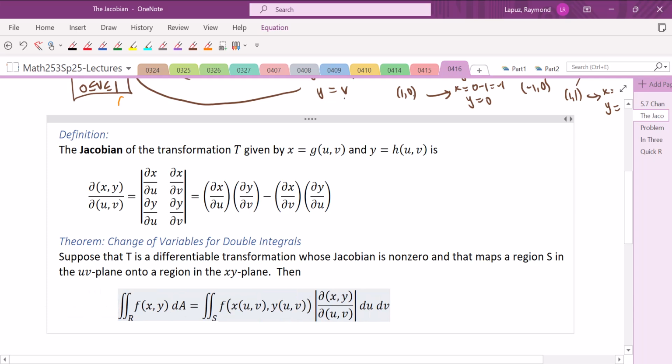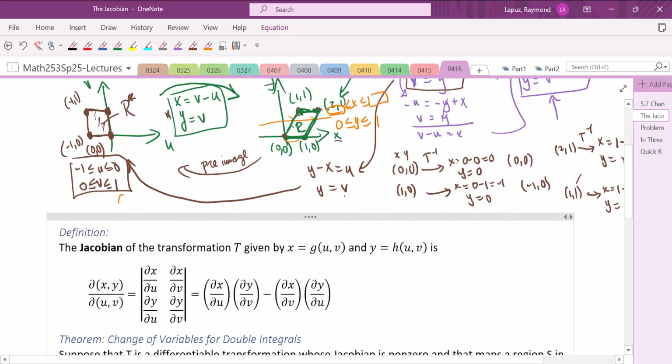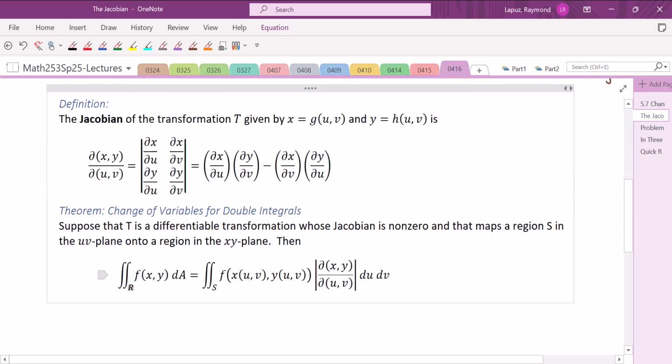So that's your Jacobian, and the theorem tells us that if you want to change variables, and I tried to be consistent with their notation here, if you want to integrate over R, and that R seems to be a little complicated, whether it's a circle or a parallelogram like this R, and then you want to change variables so you have a nicer set of limits with u and v, I think I was calling this R star.